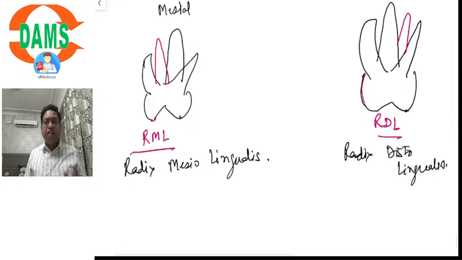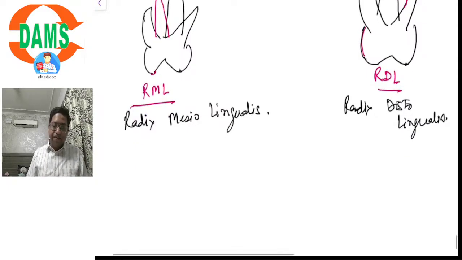And I'm again stressing that whatever these abbreviations I've given you are standard abbreviations. They can be quoted as such in the questions and in the options. RE, RP, RML, RDL, MM canal, like this. Radix mesiolingualis and radix distolingualis.